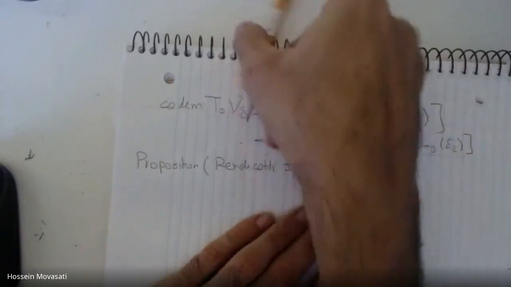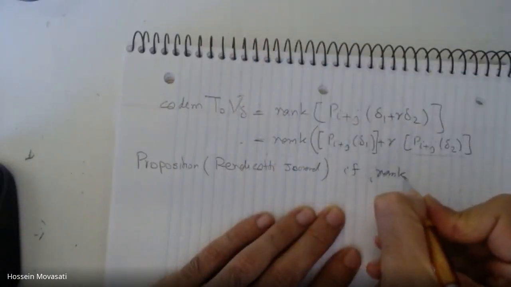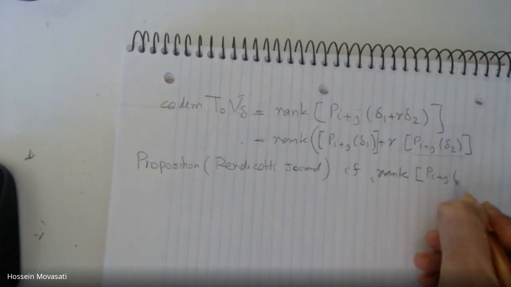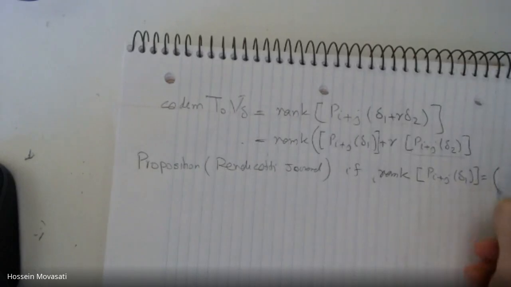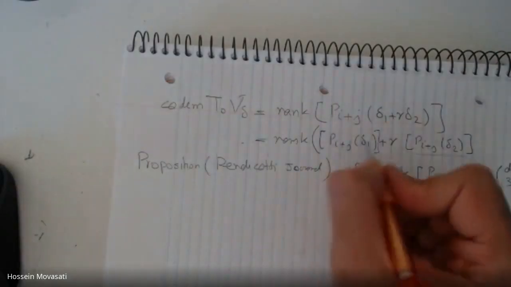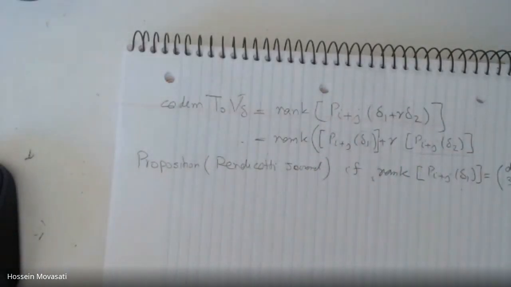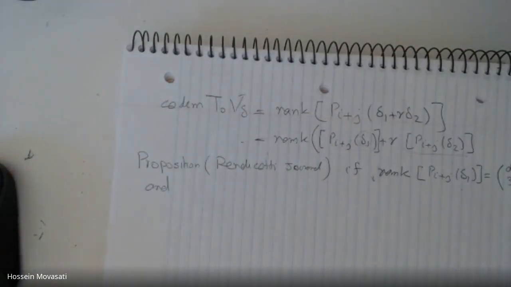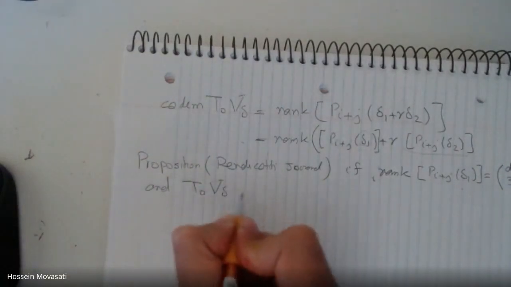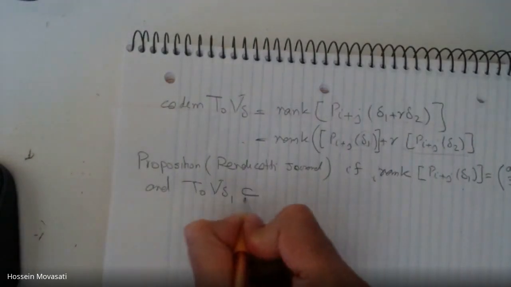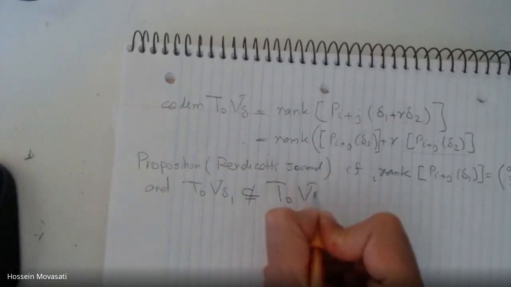If at least we verify that this for delta 1 is the one that we need, d minus 1 to the 3, so this means that for r equal to 0 I get a very general component, and T0 V delta 1 is not a subset of T0 V delta 2.